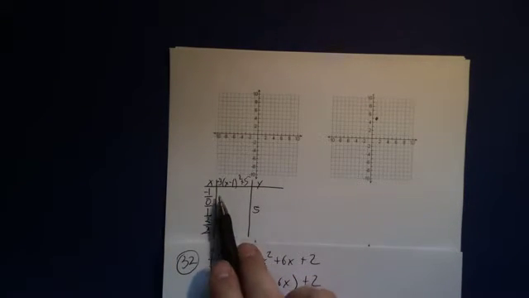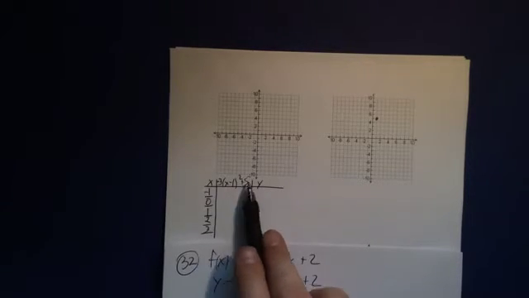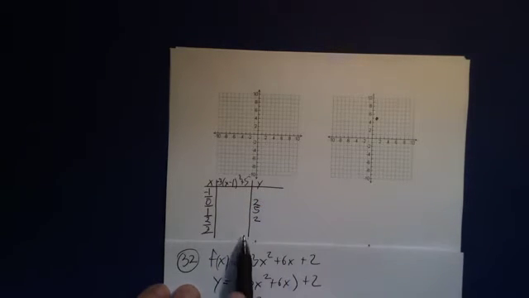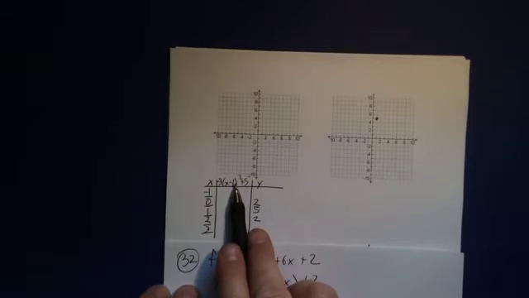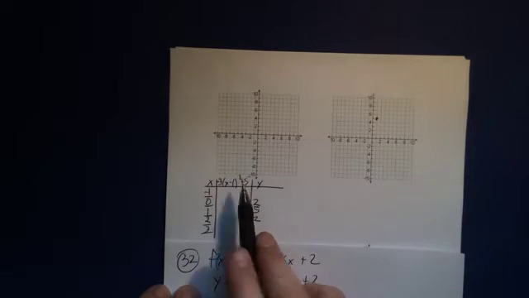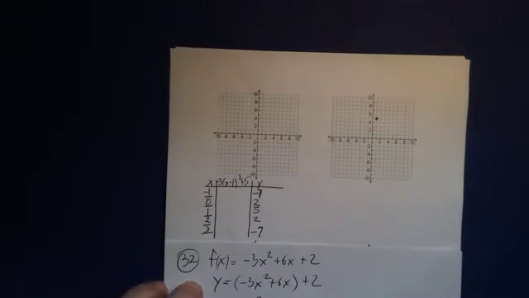So for 0, 0 minus 1 squared is minus 1, negative 1 squared is 1, times negative 3 is negative 3, plus 5, so that's going to be 2. This should be 2 also. Check the work. Negative 1 minus 1 is negative 2, negative 2 squared is 4, 4 times negative 3 is negative 12. Negative 12 plus 5 should be negative 7. This should also be negative 7 again. Feel free to check the work.